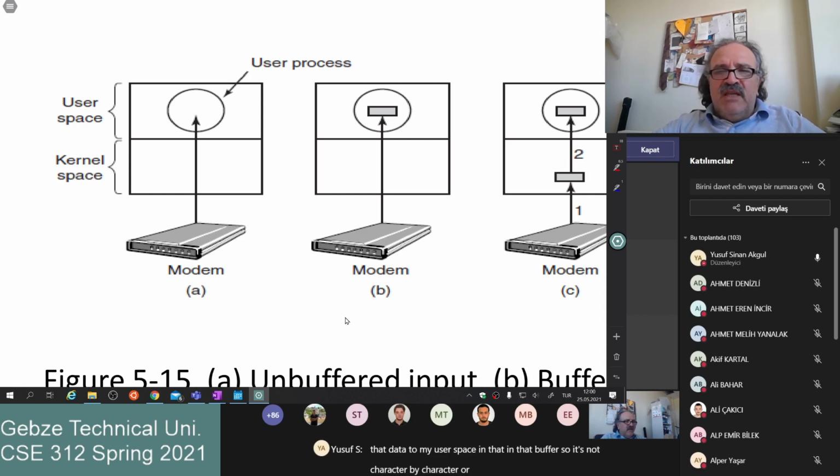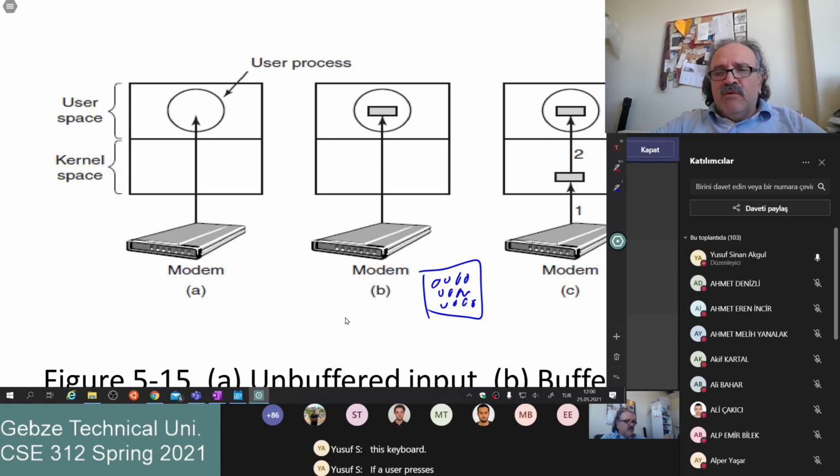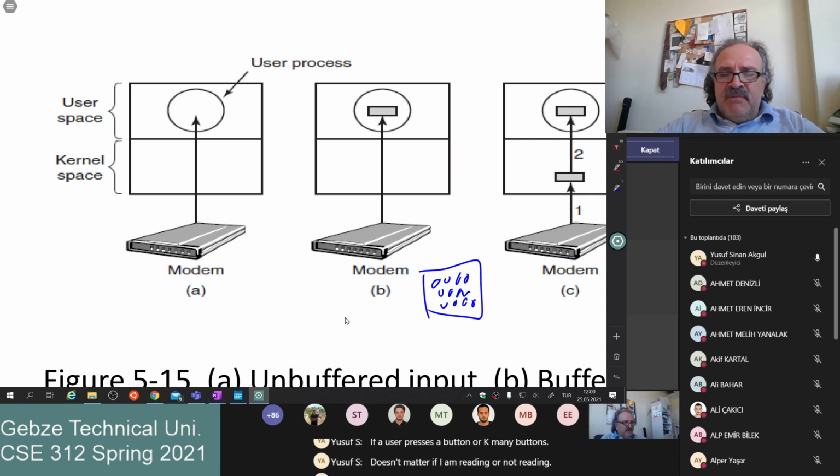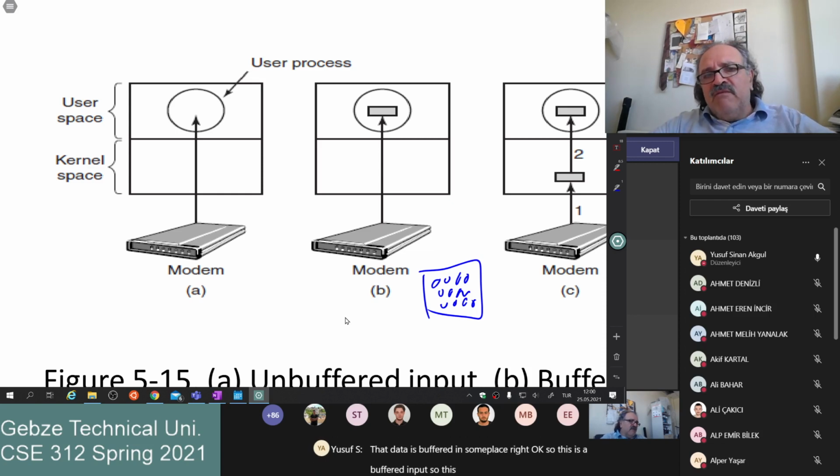I am trying to fill in this buffer, and the same thing is for the keyboard. If a user presses many buttons, doesn't matter if I am reading it or not, that data is buffered in some place, right? So this is a buffered input.